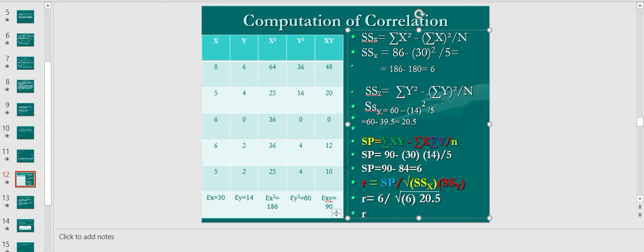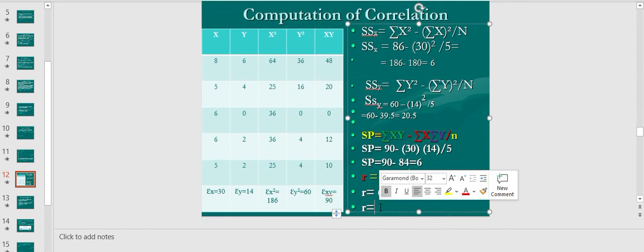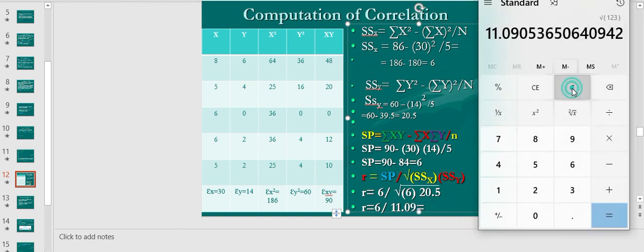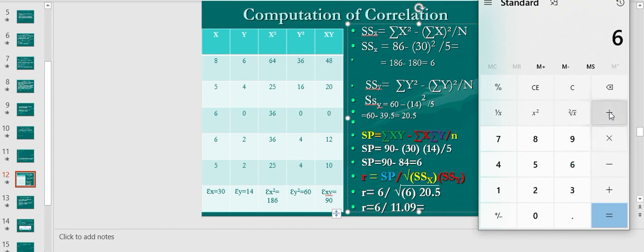R is equal to this small r, 6 divided by 11.09, okay, which is equal to 0.54.